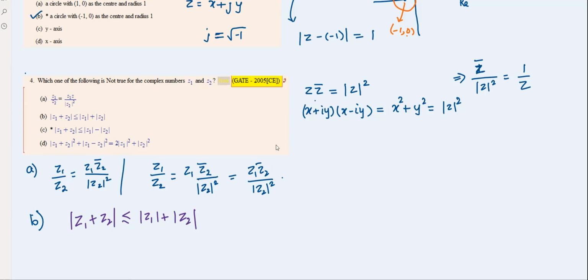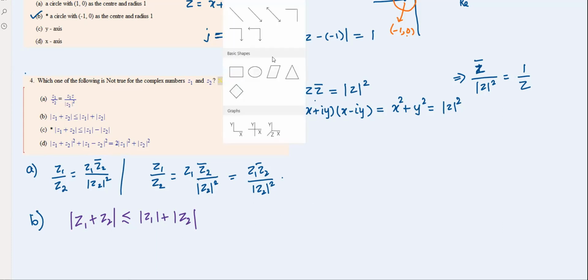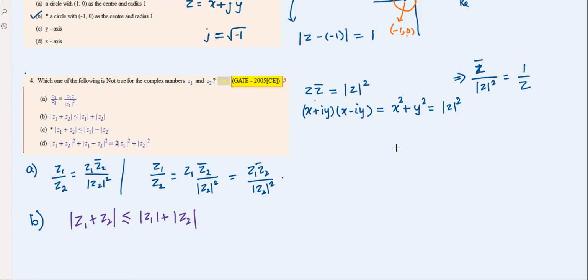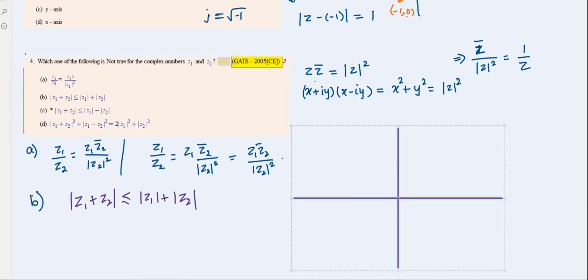Which is perfectly true, because complex numbers follow the vector law of addition. Complex numbers always follow the vector law of addition, because it has x plus iy term.